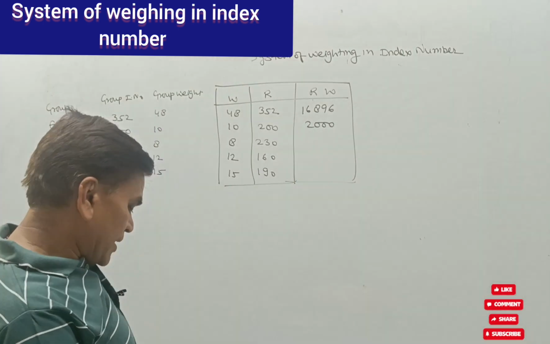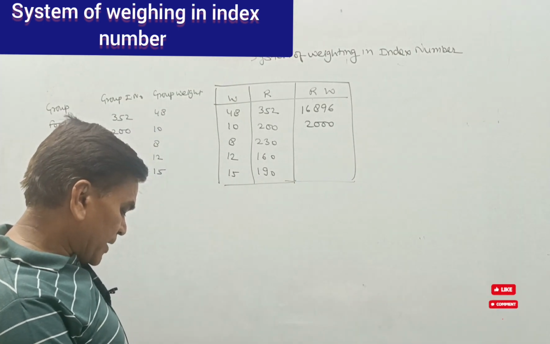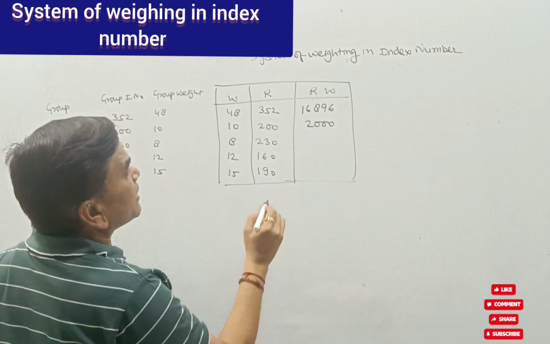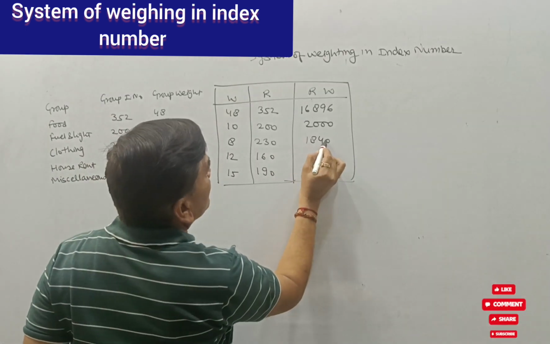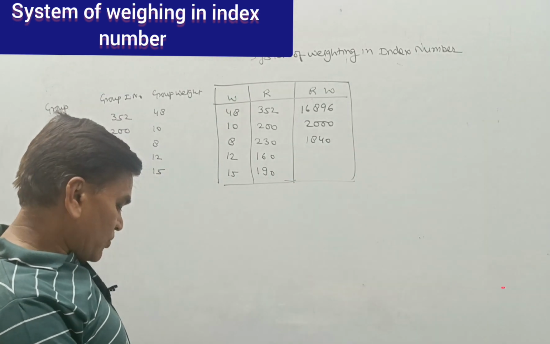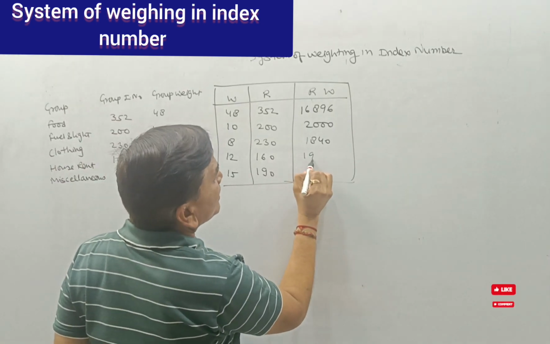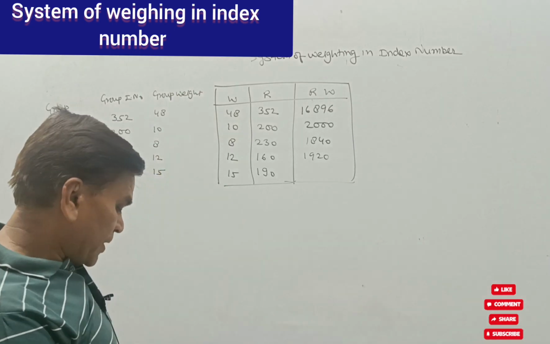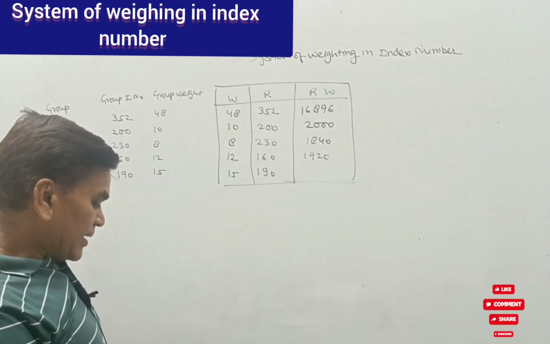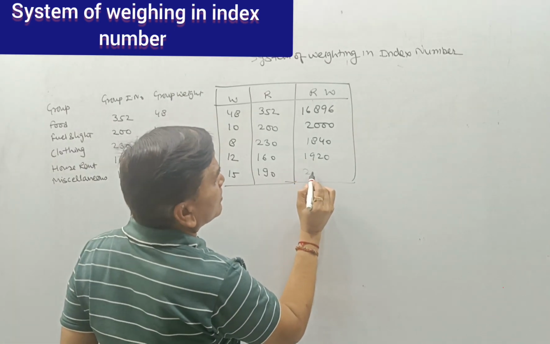Third one is 8 multiplied by 230, so there will be 1840. Next, 12 multiplied by 160, that is 1920, and 15 multiplied by 190, that is 2850.